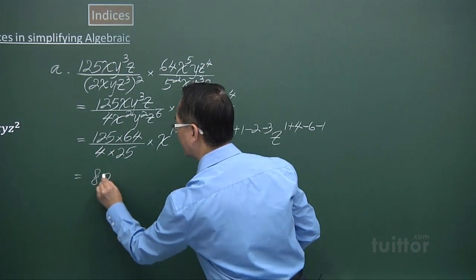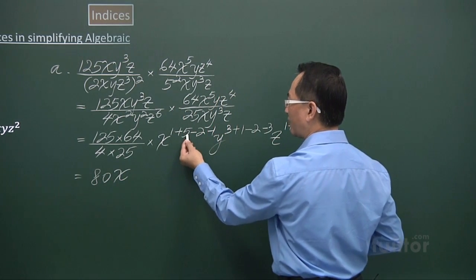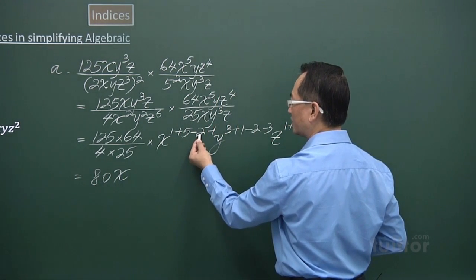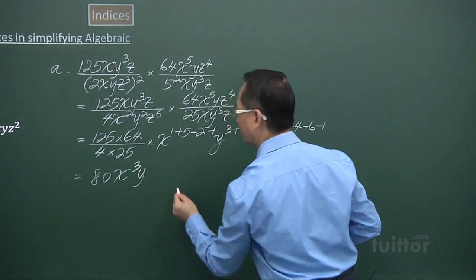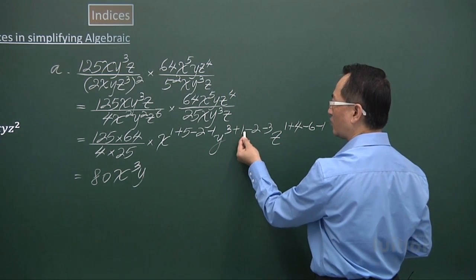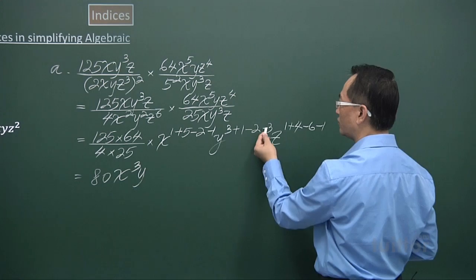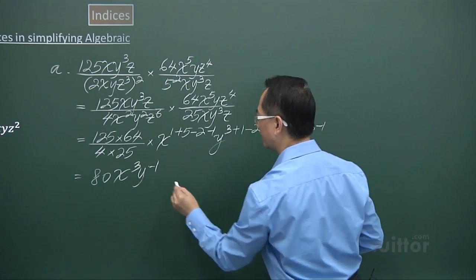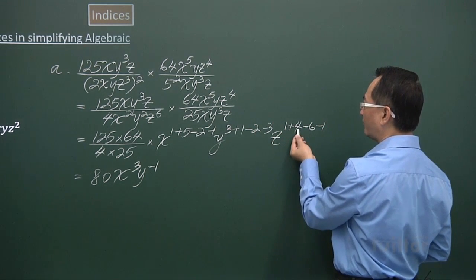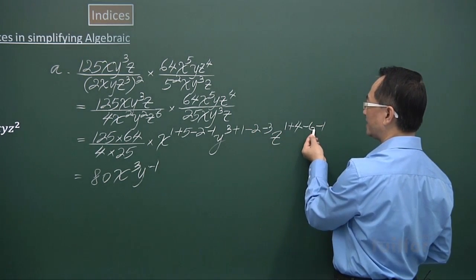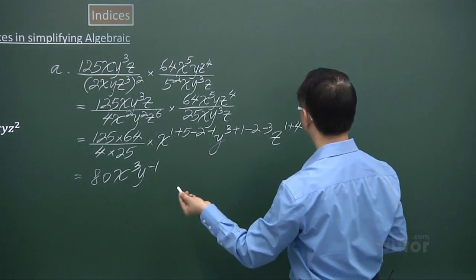So 80 x to the power of 1 plus 5 is 6, 6 minus 2 is 4, 4 minus 1, 3. y: 3 plus 1, 4, minus 2 is 2, 2 minus 3 is just minus 1. Z, so 1 plus 4 is 5, 5 minus 6 is minus 1, minus 1 is minus 2.